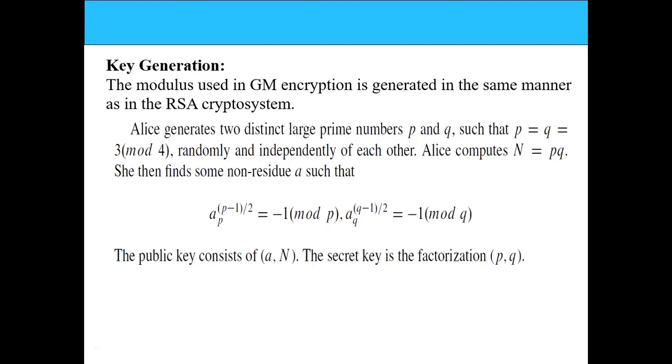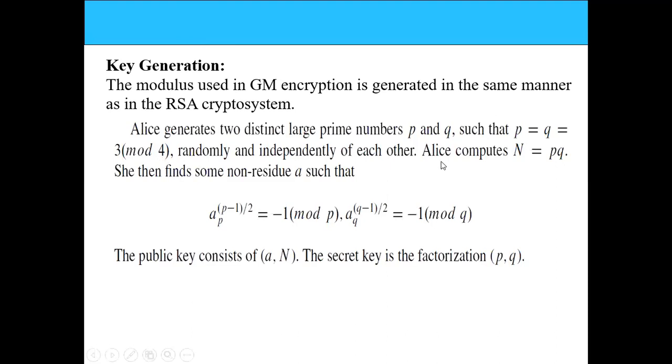You can select only those p and q whose remainder is 3 after dividing by 4.